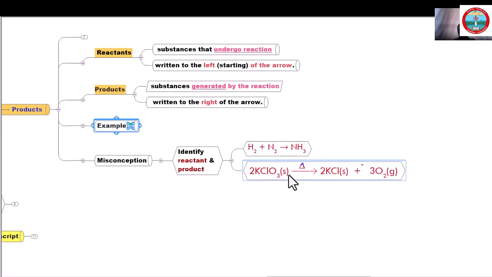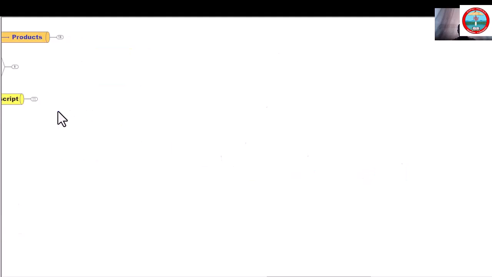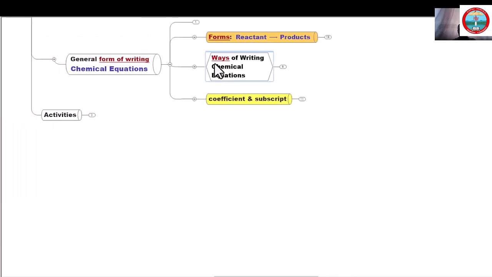Always, those substances that are present before the arrow are considered reactants, and those substances that are present after the arrow are considered products. So this is a reactant, not a product. This and this are the products. This is the way of identifying reactants and products from a given chemical reaction.